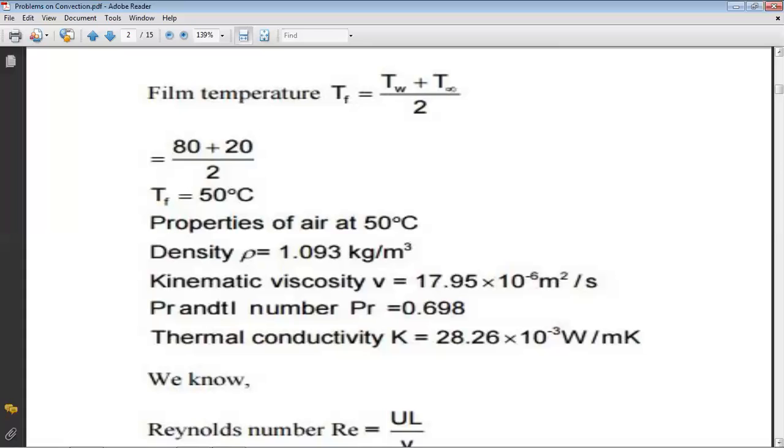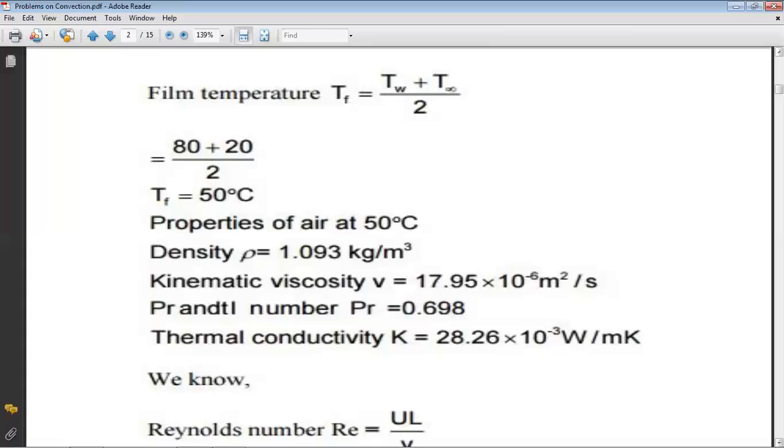Next is kinematic viscosity, 17.95 into 10 raised to minus 6 meter square per second. Next we have thermal diffusivity. Prandtl number is 0.698. Specific heat is 1005 joules per kg Kelvin, or 1.005 kilojoules per kg Kelvin.